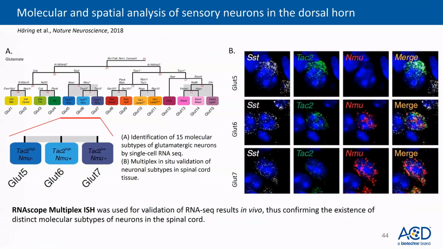The single-cell RNA-seq showed that GLUT5 subtype was negative for NMU, and GLUT6 and GLUT7 were positive for NMU, which is validated, as I said, using RNAscope assay shown in column 3. SST here is the neuronal marker. Therefore, the take-home message being RNAscope multiplex fluorescent assay was used to validate RNA-seq results in vivo.